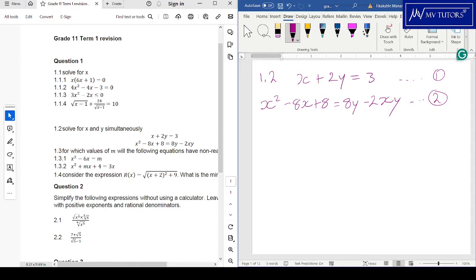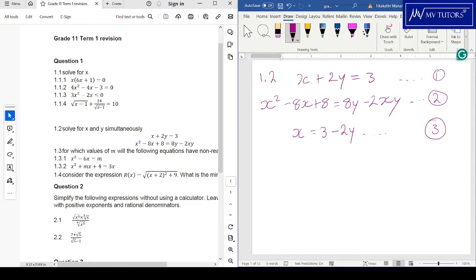Which one is the easiest to create equation 3 with? It's equation 1. And which one doesn't have a number next to it? It's x. So I'm going to make x the subject of the formula. It becomes 3, take this 2y to the other side, minus 2y. So now this becomes my equation number 3.